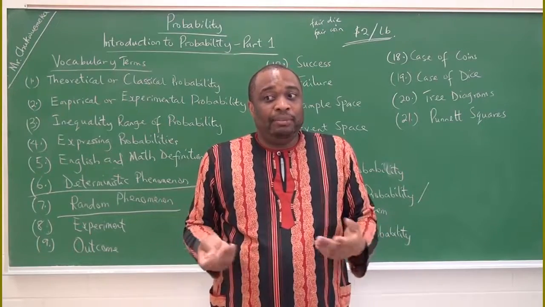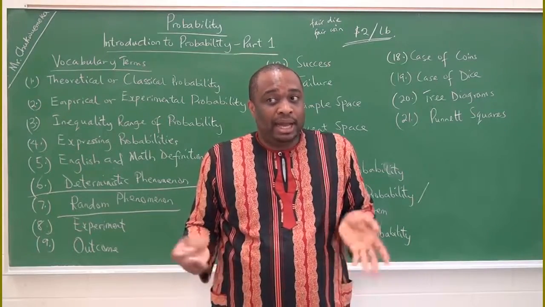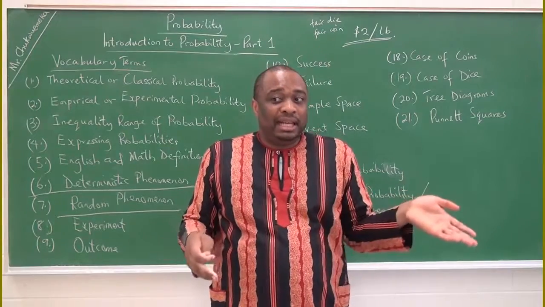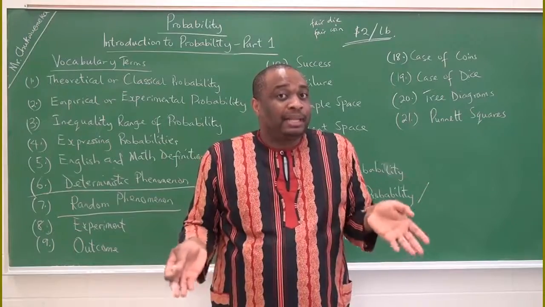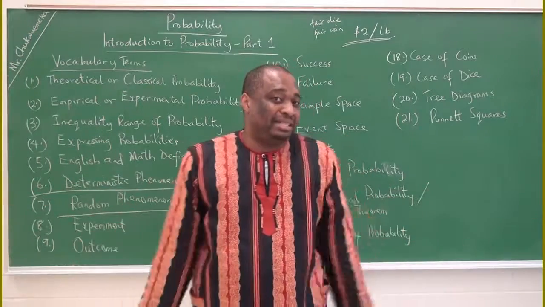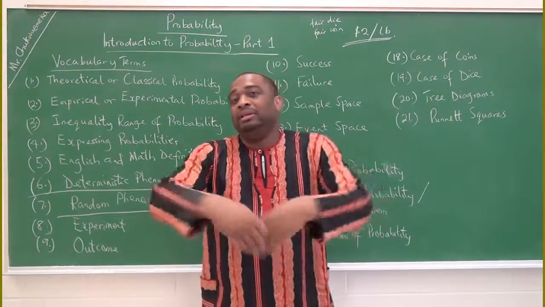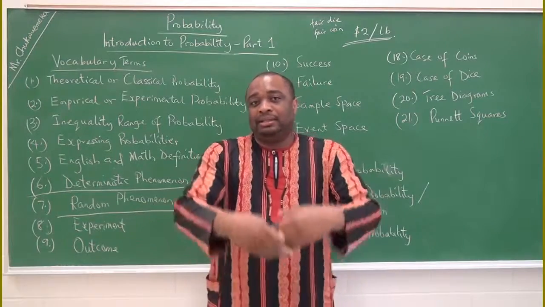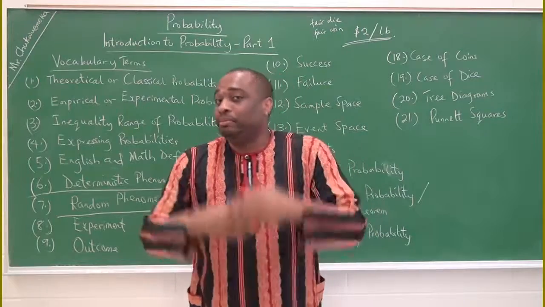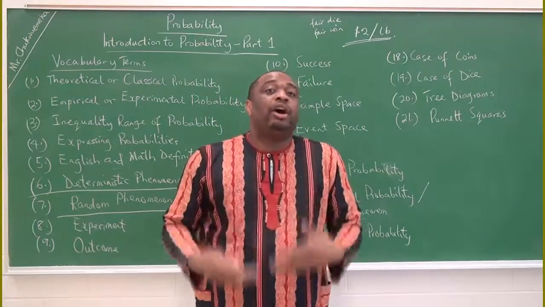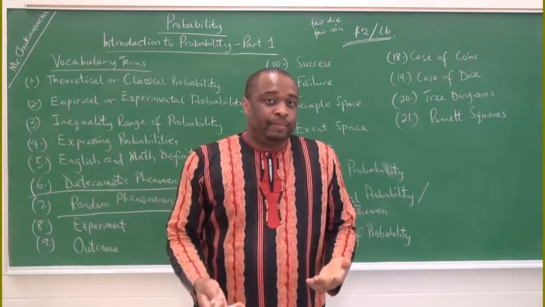So maybe the next day he brings 11 bags and maybe it finishes. Next day he probably brought 11 bags, and maybe only 2 bags were sold. The 9 bags were left. Okay, so it is something that is not predictable. I mean, it is not always predictable.